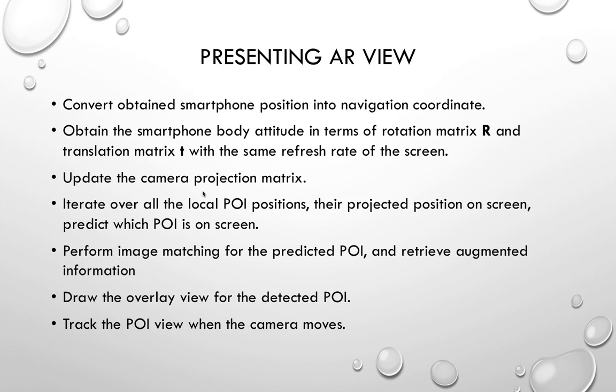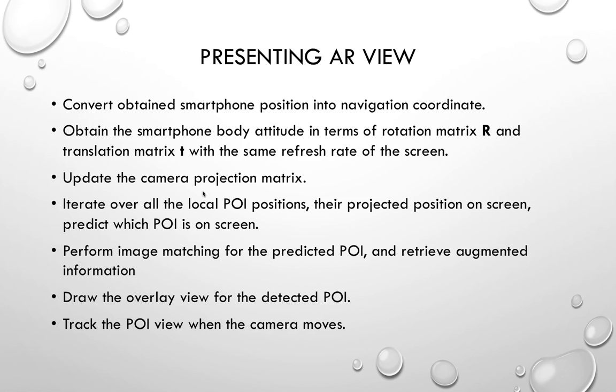Then we need to predict which POI location is in your camera view. We iterate all the local POI positions and compare their projected positions on the screen, then predict which POI is actually on your smartphone screen. Then we perform image matching for the predicted POIs against the POI image database.